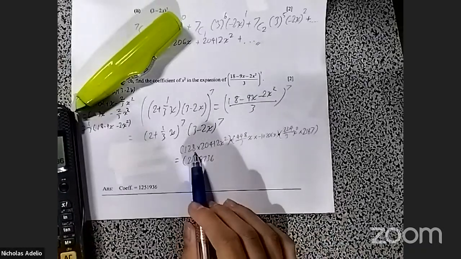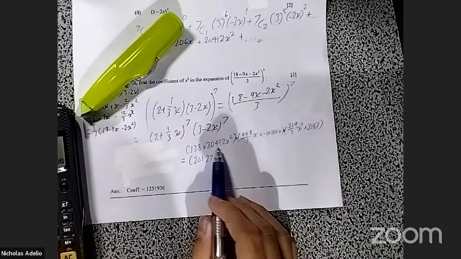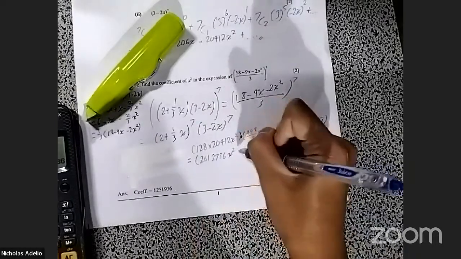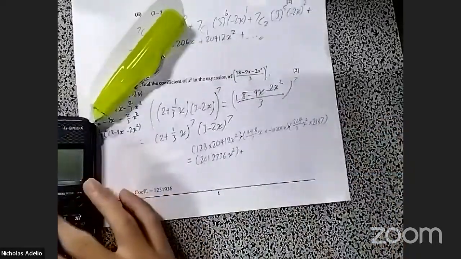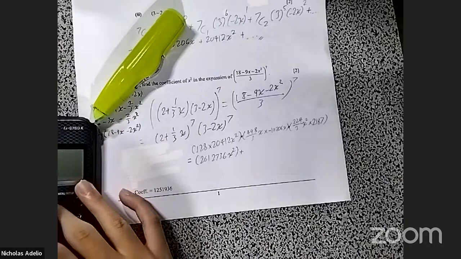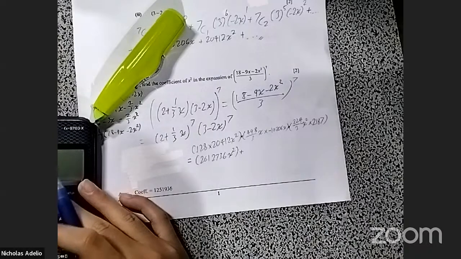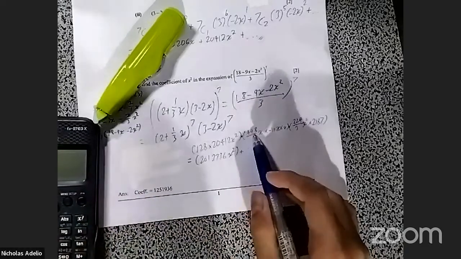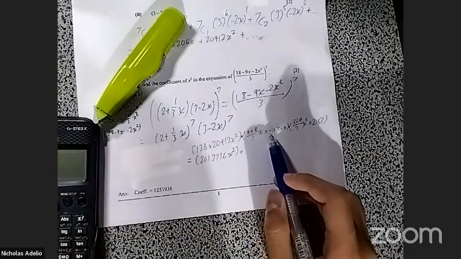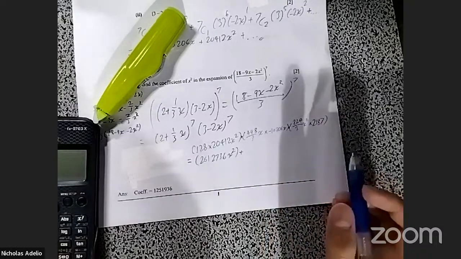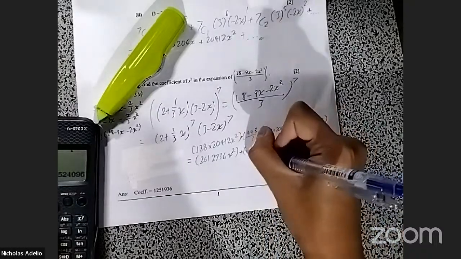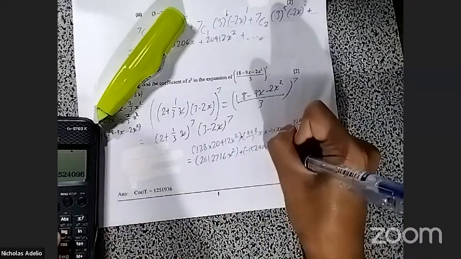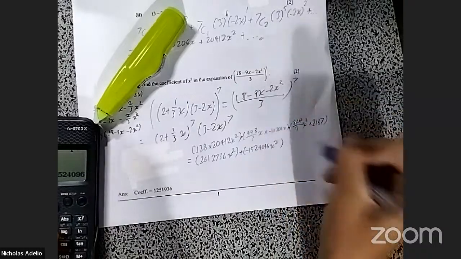All right, good. 128 times 20412 x squared plus 448 over 3 times negative 10206. 448 over 3 times negative 10206, and that is negative 1524096 x squared.